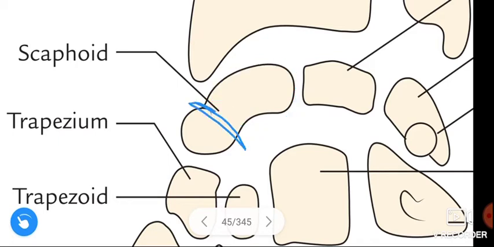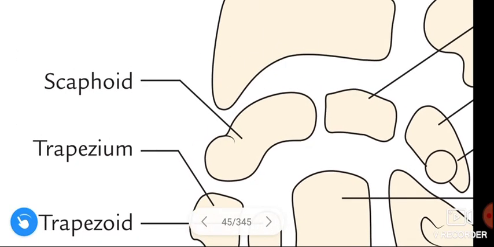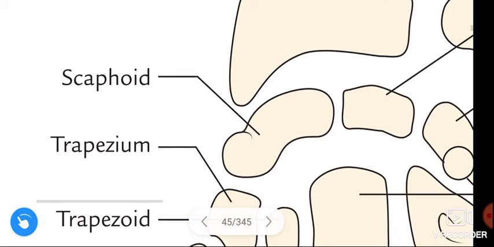If the fracture occurs here, the blood supply will stop to the proximal part, and this causes necrosis of the proximal part of the scaphoid bone. This is the narrowest part of the scaphoid bone at which mostly the fracture occurs.